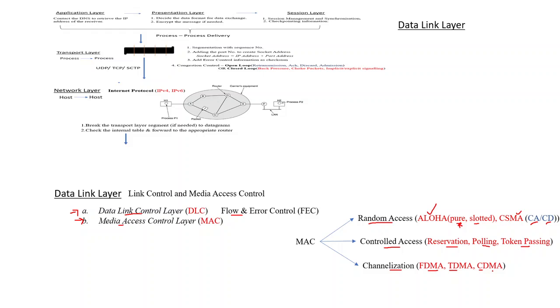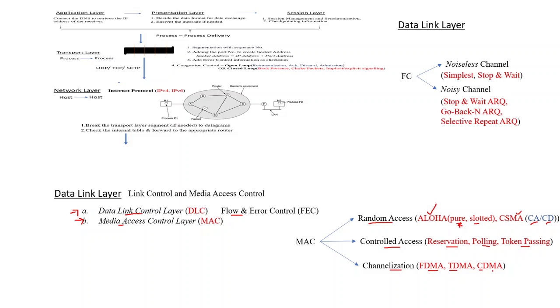Now, after it has gained access to the medium, next comes the data link control layer protocols. So, first is the flow control. Now, there are two protocols in flow control, that is the simplest protocol and stop and wait. Now, that is for the noiseless channel. Now, in reality, no channel is noiseless.